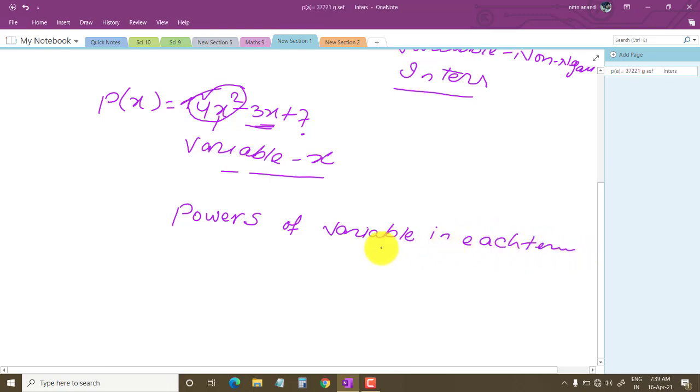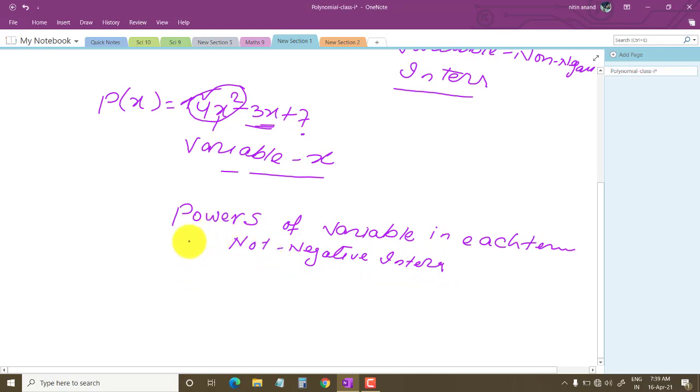If that power is a non-negative integer, then we will say that it is a polynomial.